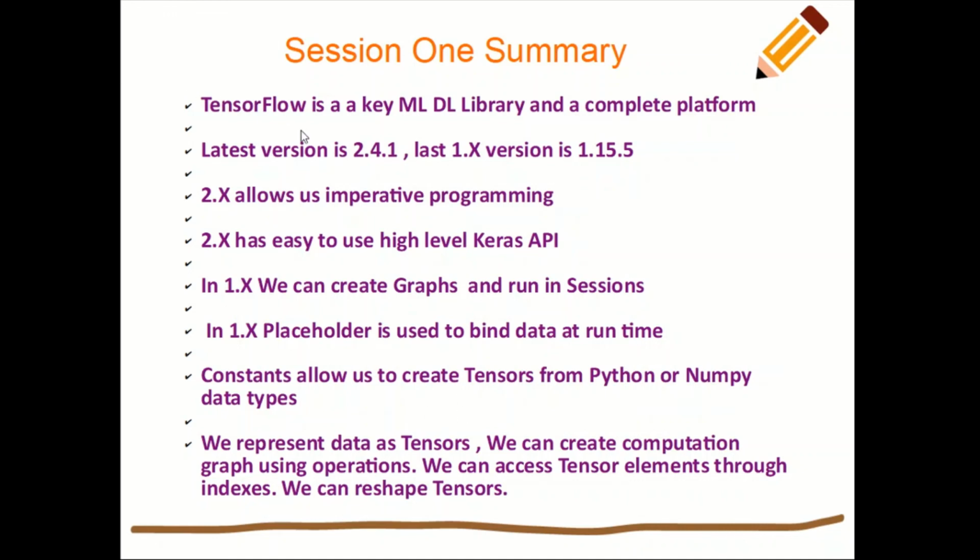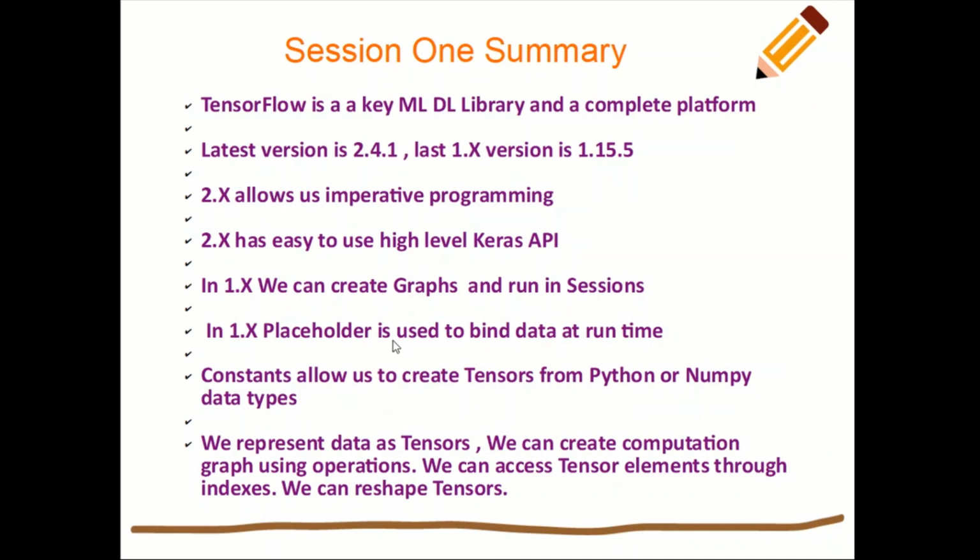We started with TensorFlow, and we understood that it is a key machine learning and deep learning library and a complete platform. The latest version is 2.4.1, and the last 1.x version is 1.15.5. 2.x allows us imperative programming in addition to symbolic programming. 2.x has an easy to use high-level Keras API. In 1.x, we can create graphs and run them in sessions. In 2.x, it is not required.